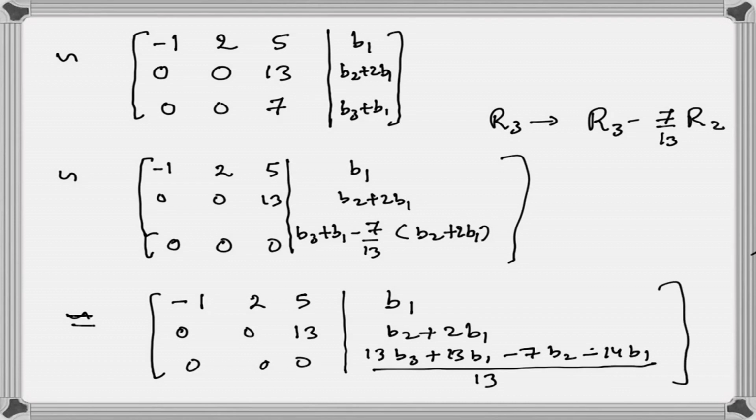So we get minus b1 minus 7b2 plus 13b3 divided by 13. Let's write it in the next paragraph.